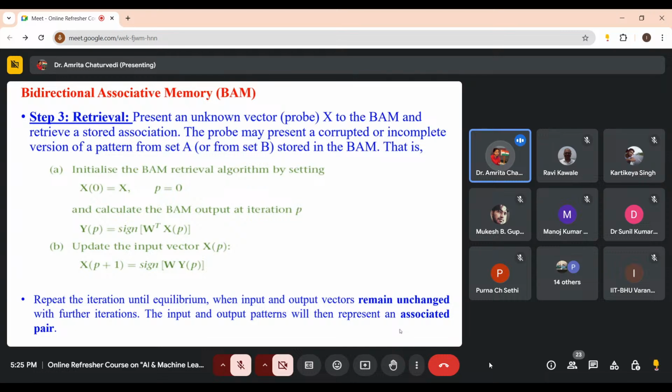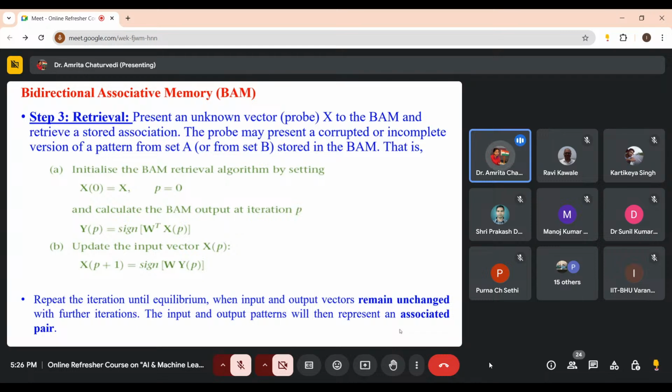Now let us see if you present an unknown vector to the BAM, whether you are able to retrieve a stored association or not. So the probe presented may have a corrupted or incomplete value of a pattern from set A or from set B stored in the BAM.